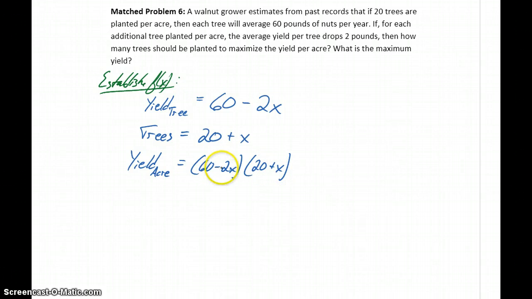So this is the same idea as price times demand. This is how much an individual tree will yield times however many trees we have. So expanding that out will give us negative 2x squared plus 20x plus 1200.